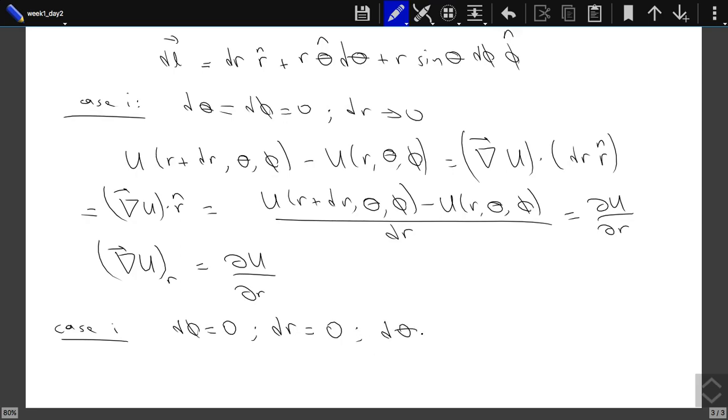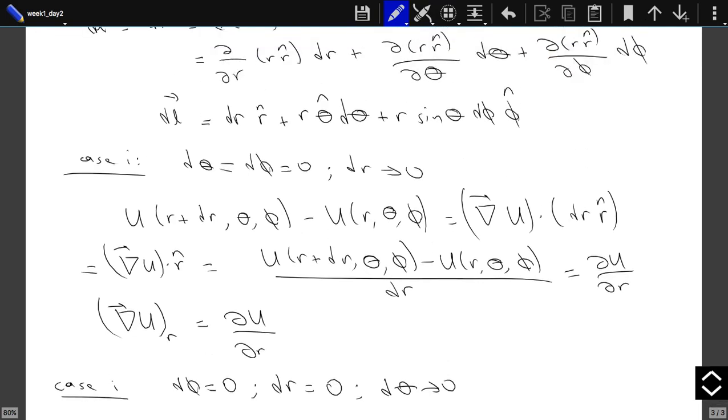Here d phi, d theta goes to 0. And just keep in mind, whenever I'm writing expressions of this form, I always have the limit that eventually dr will go to 0. Only in that case, this difference divided by dr becomes the derivative. But just to save some screen space, I'm not writing the limit dr goes to 0, etc.